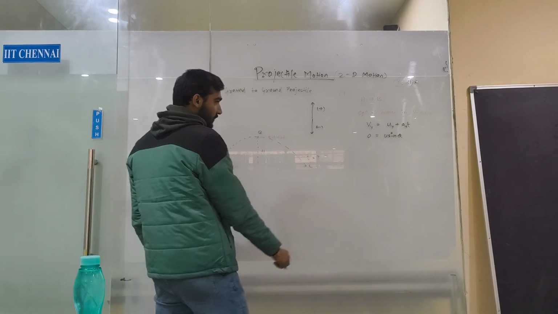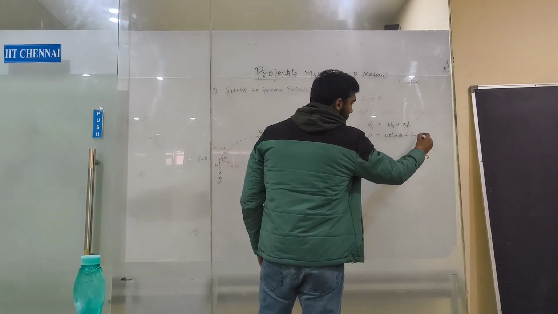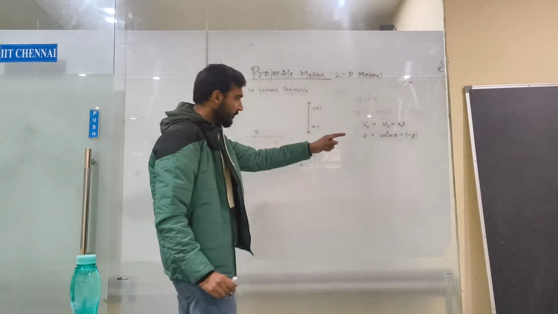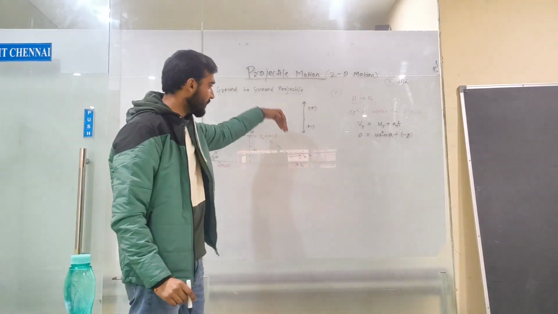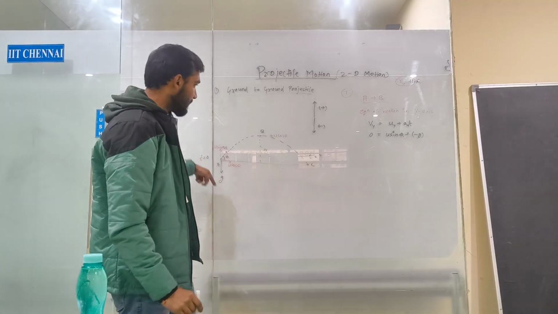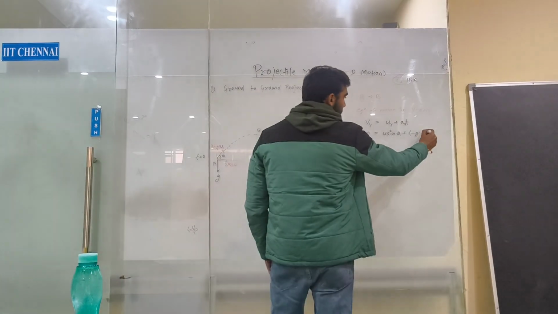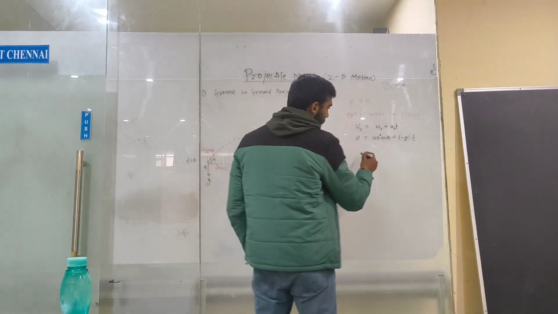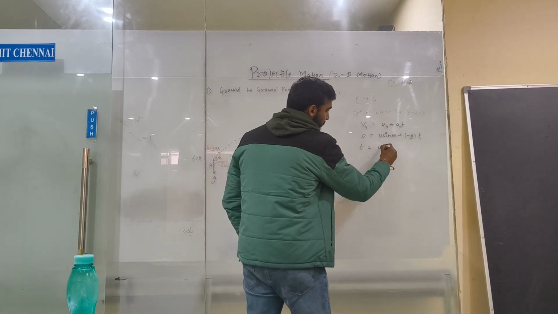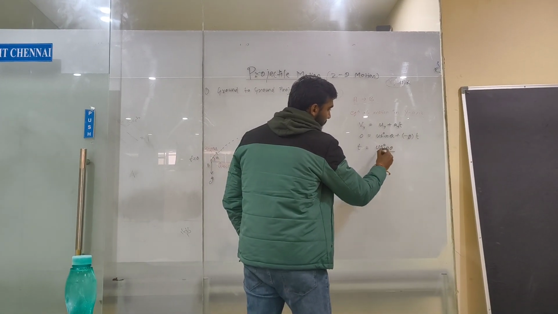It is g, so we say it is minus g. Why did we take g as minus? Because it is in negative y axis. And t, let's say this is time. So what comes out is t equals u sin theta by g.